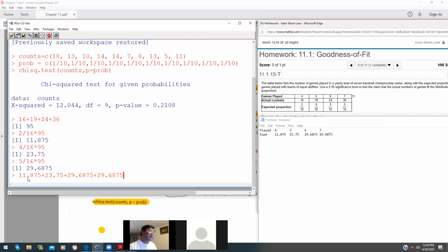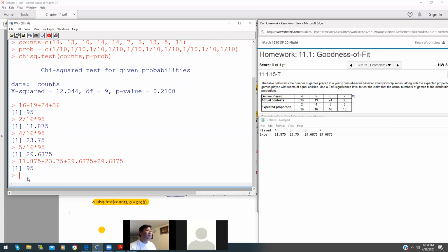You get exactly your N, 95. So your expected frequency total should be the same as your actual frequency total. And do you know what happens when you add all these proportions up? That would be 1, or 100%, 16/16. So this is expected frequency.